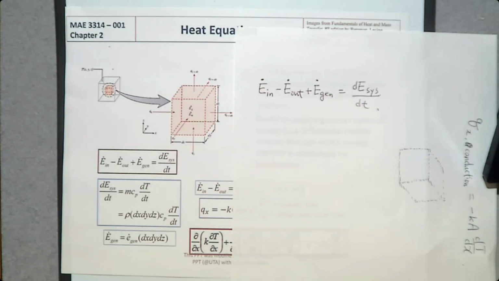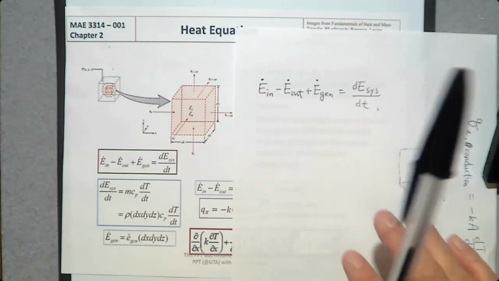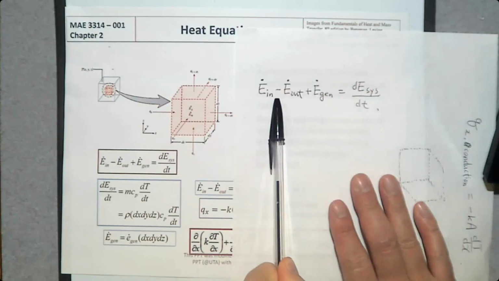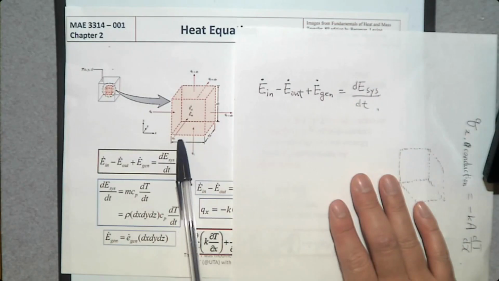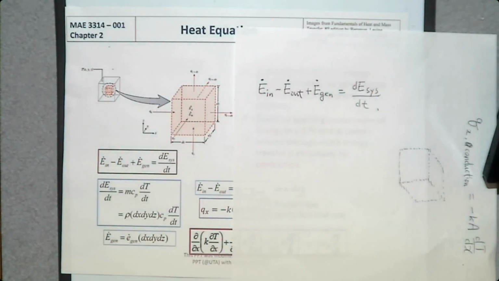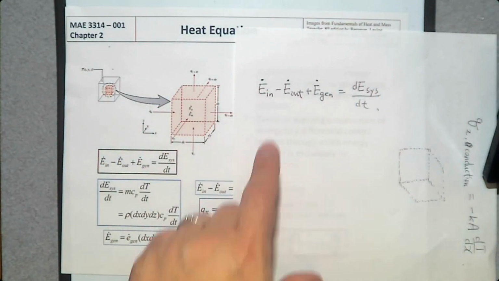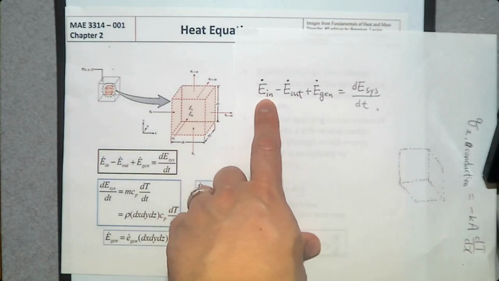And there are three directions. This one is a Cartesian coordinate system, x, y, and z. So we can apply this energy balance equation in the x direction, in the y direction, and the z direction. So let's do that. What kind of heat transfer can we come up with?